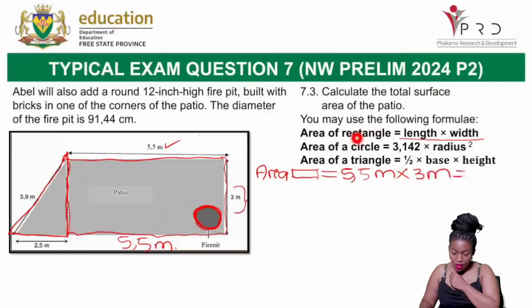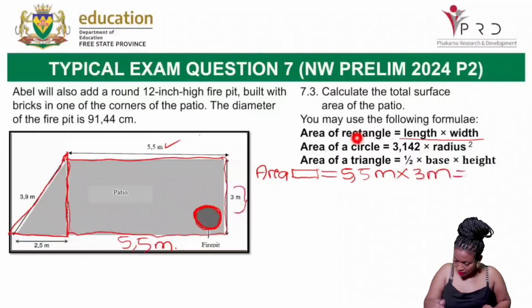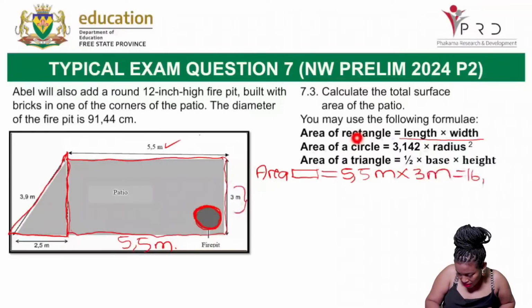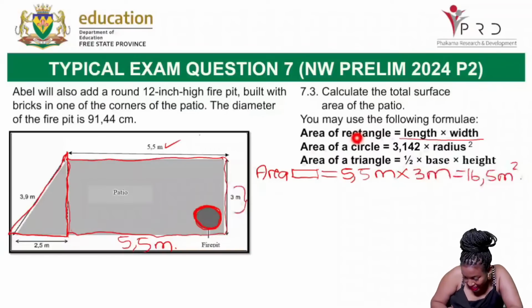So the answer, we punch in our calculators, 5.5 multiplied by 3. The answer is 16.5 meter squared. We are happy. So even if you didn't understand what is going on here, because you are given the formula, you can do something.